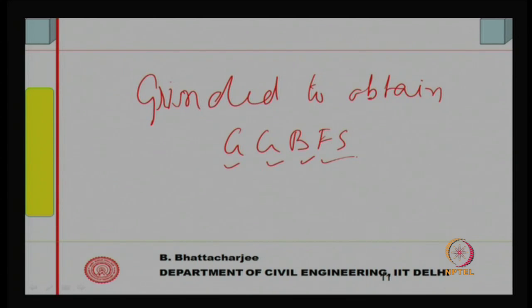Rice husk ash is obtained from burning rice husk and slightly processing the same. So, all these materials are obtained by burning some sort of silica alumina system at high temperature and cooling them rapidly.